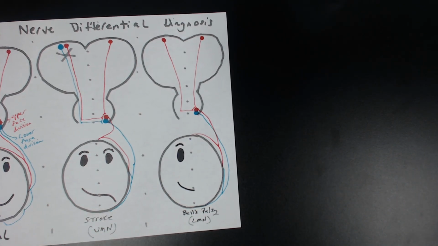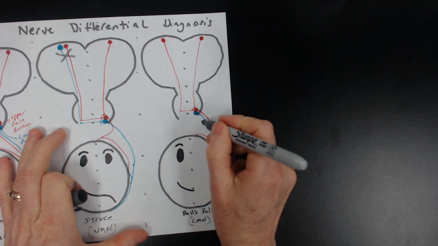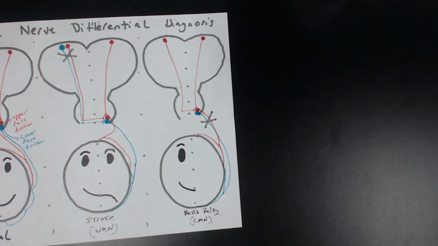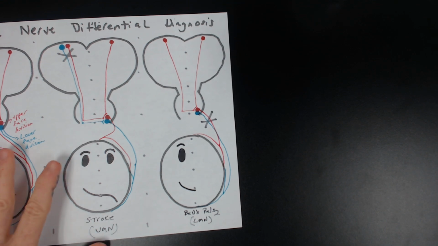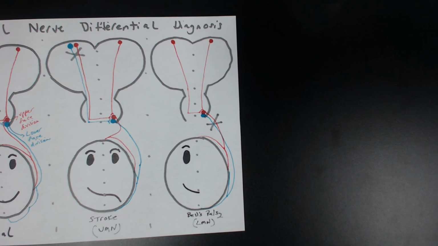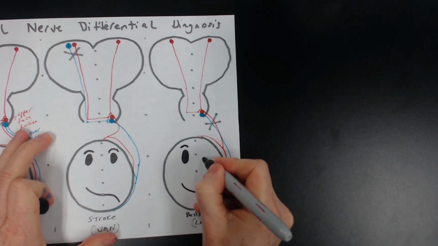But this time with the lower motor neuron presentation, the lesion's going to be here in the lower motor neurons. What's the person going to look like? The whole side's going to be droopy, right? So when that person wakes up and looks in the mirror, they're going to see that this eye is droopy.